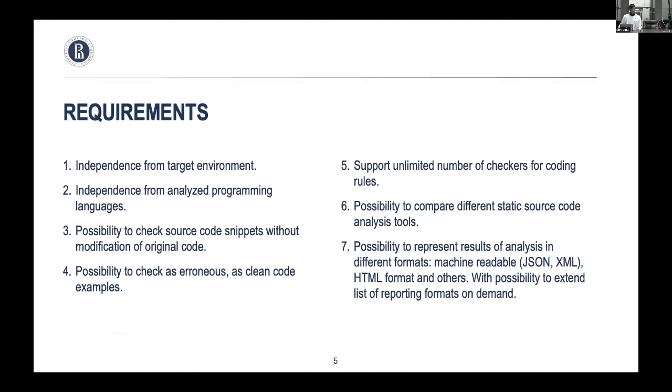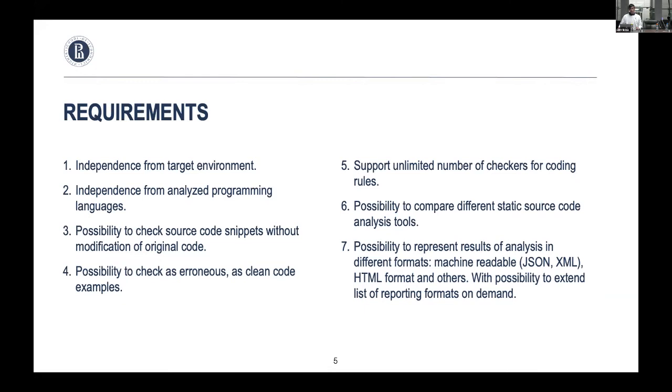Let's look at the requirements for the acceptance testing framework. The first two requirements are independence from the target environment, such as operating system and hardware, and from analyzed programming languages. The third and fourth requirements are the possibility to check source code snippets without modification of the original code and to check other runners as clean code examples.